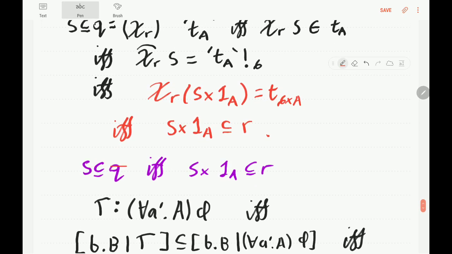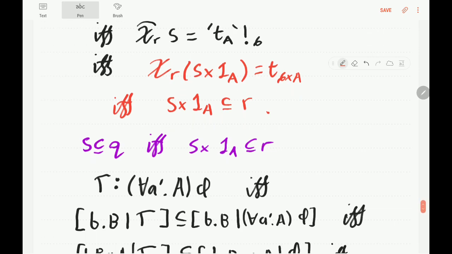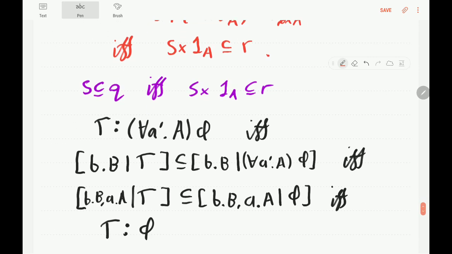Well, basically the point is that S is in Q if and only if S times 1a is in R. So now we've basically proved our result, so let's see it. We wanted to prove that gamma implies for all A dash phi if and only if gamma implies phi.